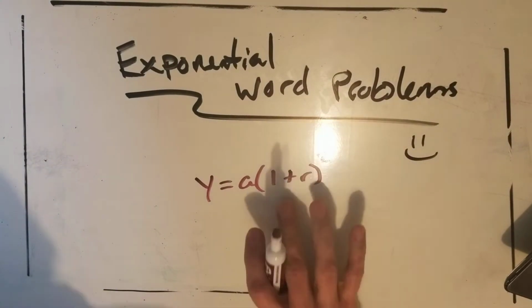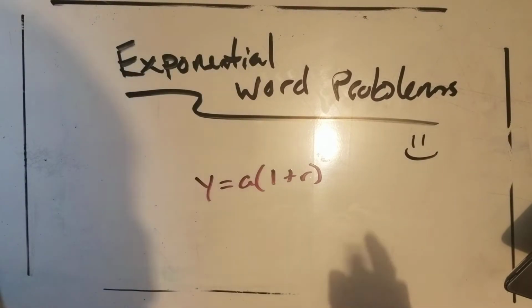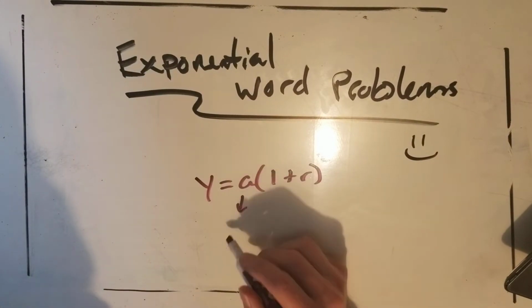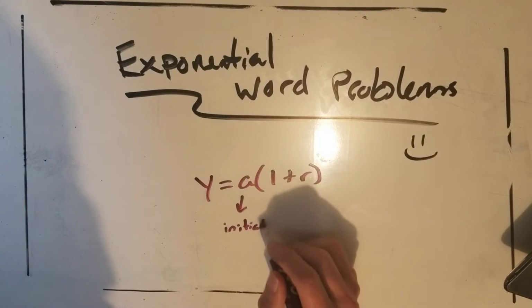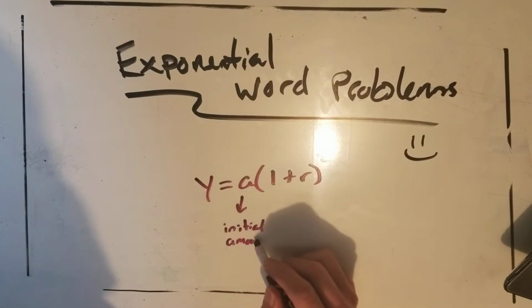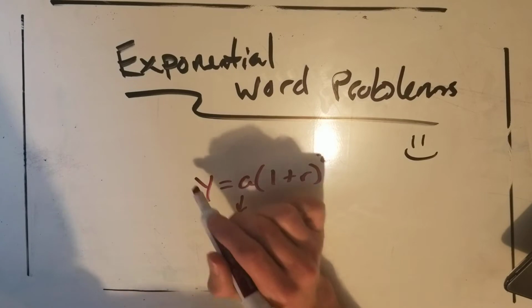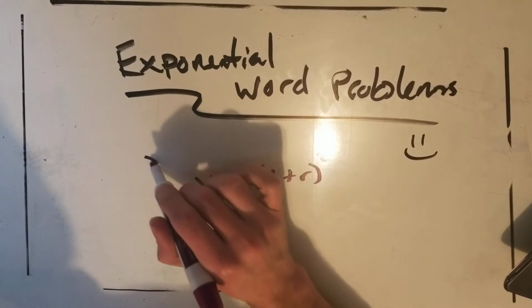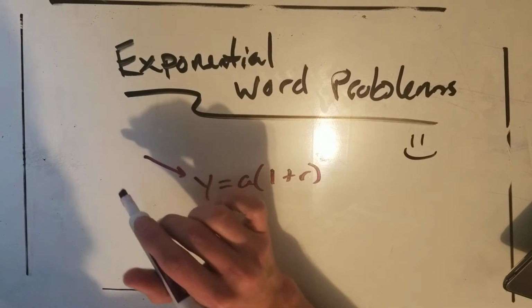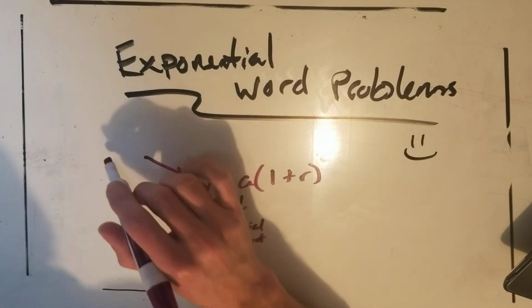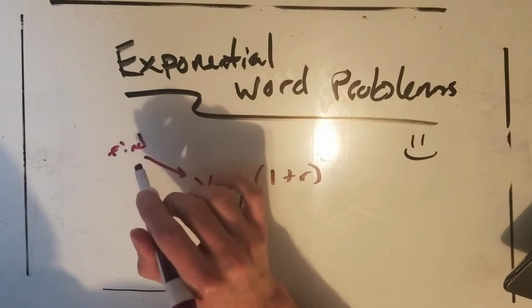It's like your x, but it looks a little different here. And a is going to represent your initial amount. Y will represent your final amount. So that's going to be what you have in the end after t, whatever your unit of time is.